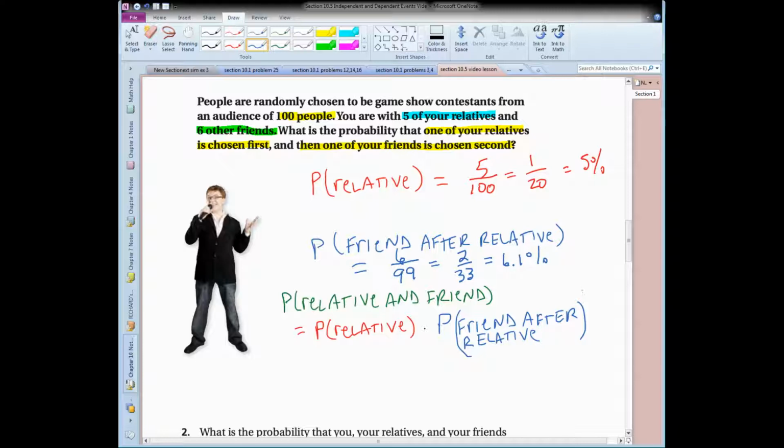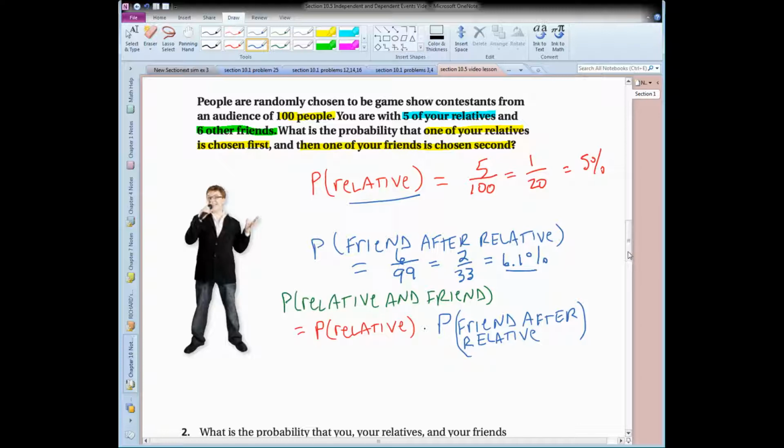So notice when I chose one of your relatives, the percentage went up for how likely it is that you could choose one of your friends after a relative was chosen. So it increased a little bit, because we are choosing from 99 people instead of 100.